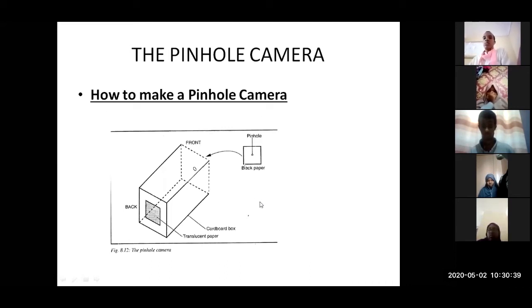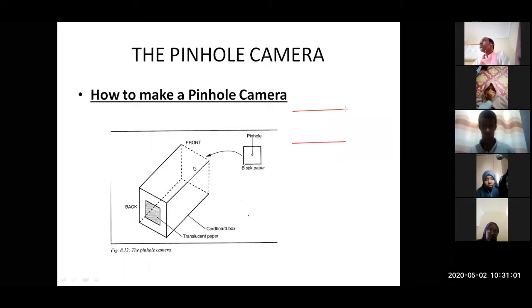Now here the pinhole camera, let's try to suppose we have a box with us. I have this. And I have something like the screen. I have a screen behind here.